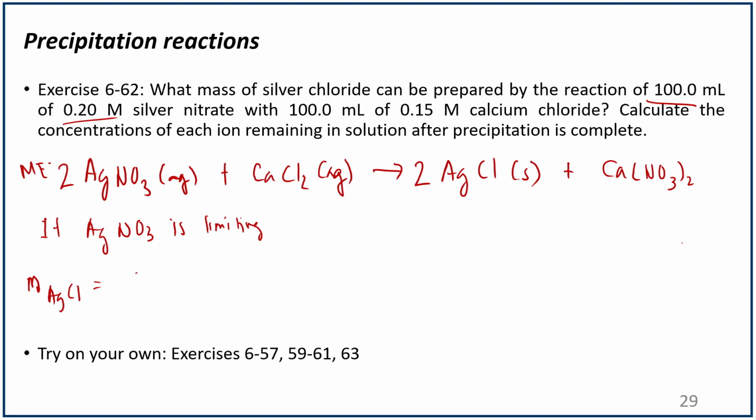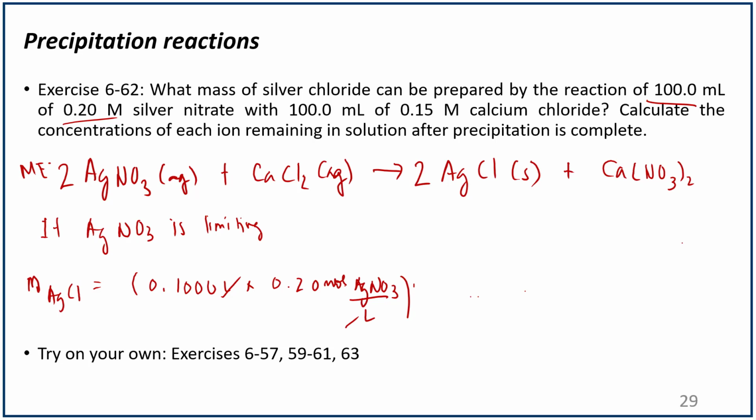So that's going to be 0.1000 liters, that's just the 100.0 mL of silver nitrate, multiplied by 0.20 moles of silver nitrate per liter. Notice that liters get canceled out.